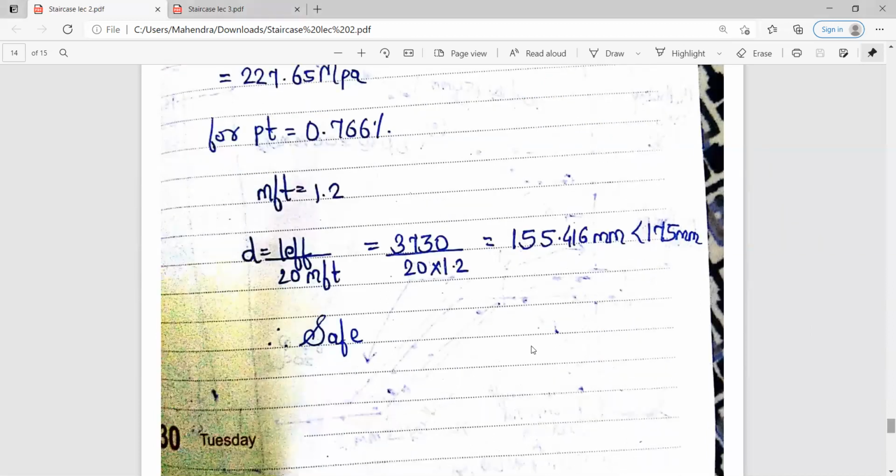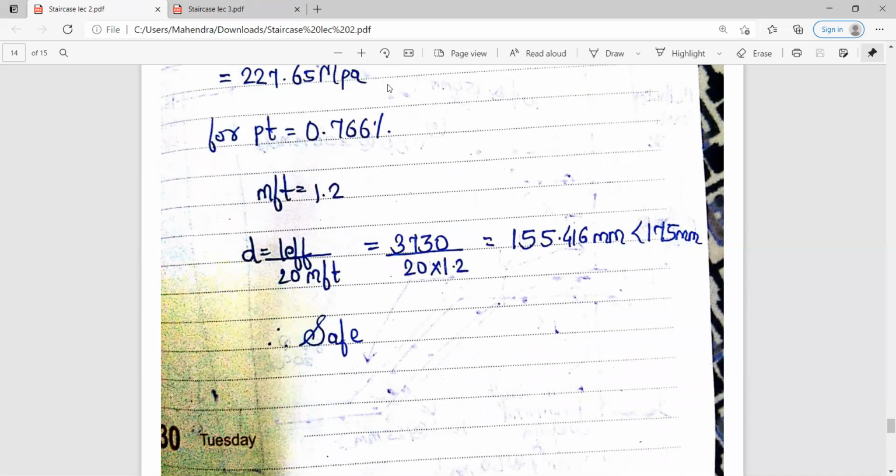MFT, modification factor. So modification factor you should have taken between 1.2 to 1.6. In most of the books they have taken 1.2, and in some books they have taken 1.4 to 1.5.